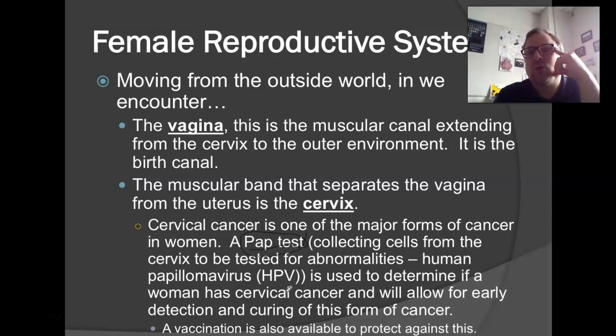And as far as I know, we also can vaccinate males as well, because HPV can be passed through sexual activity. So something to be aware of. So if we can vaccinate ourselves against HPV, then we lower the chances of getting cervical cancer.